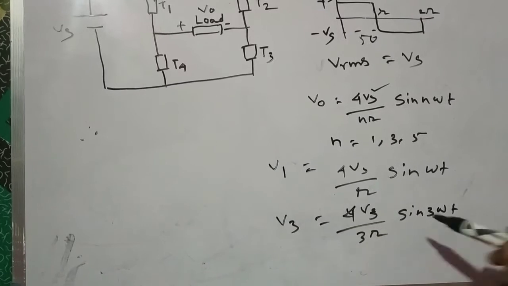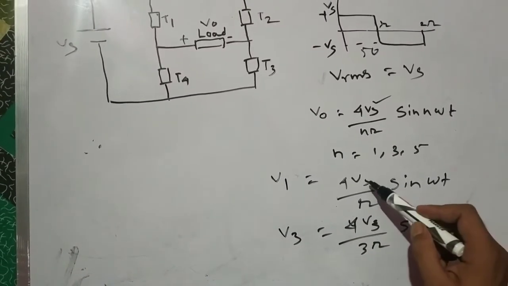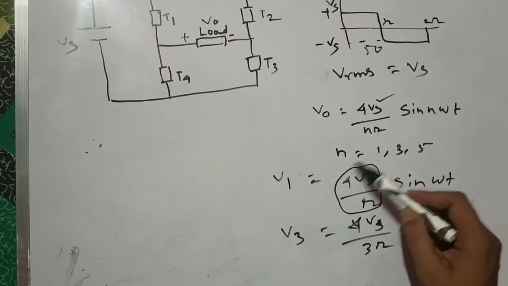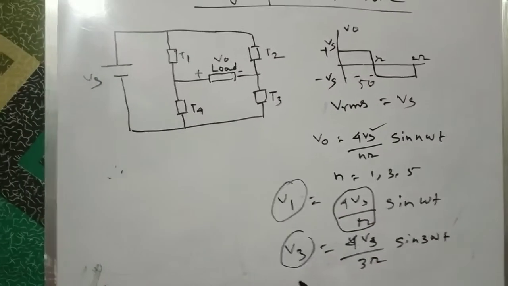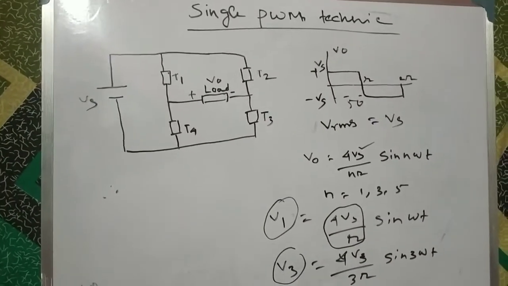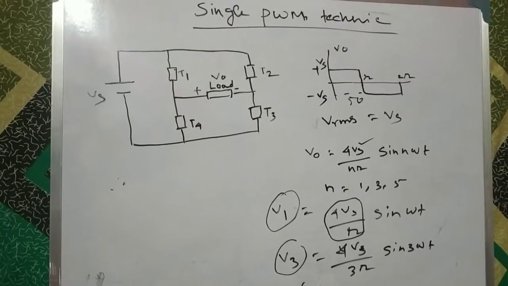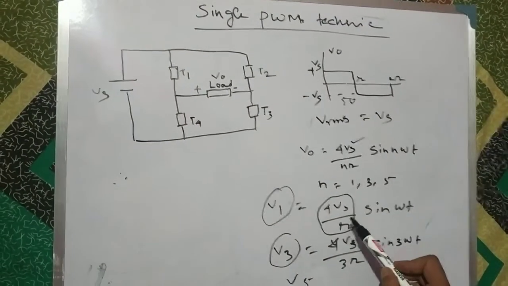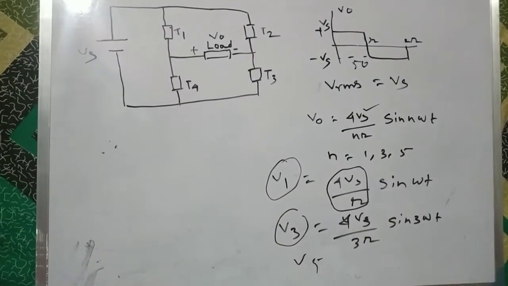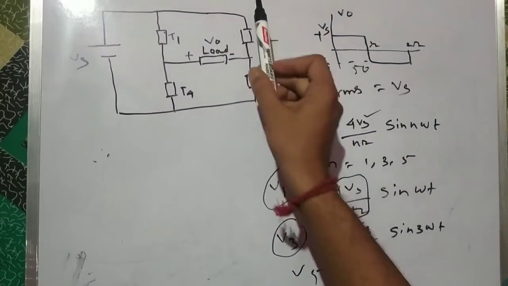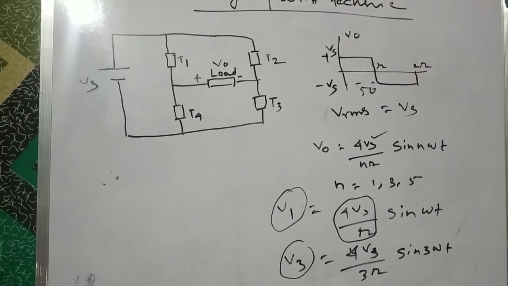We cannot control the output voltage of the first, third, fifth or any higher order harmonic, so to control them we can use the single phase pulse width modulation technique.